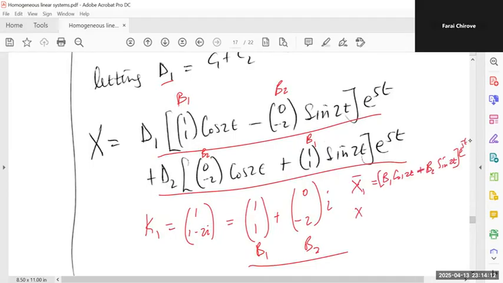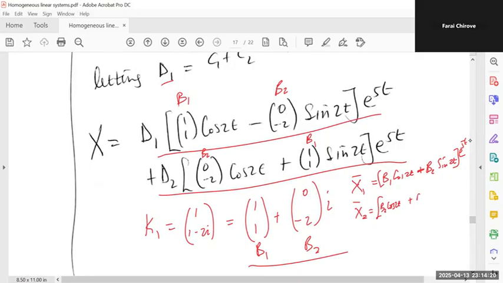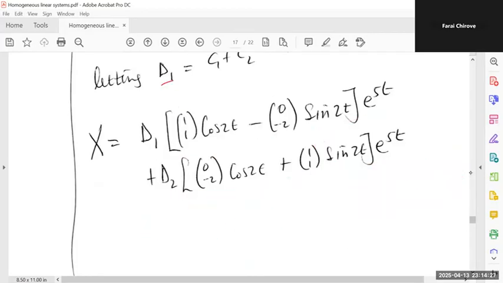And then you can see that the second one will be equal to b2 cos 2t plus b1 sine 2t, times e to the power 5t.